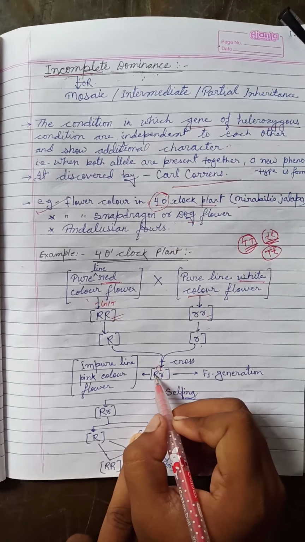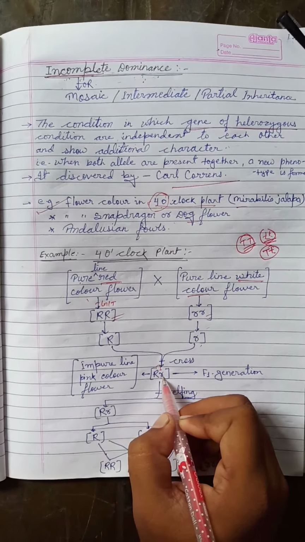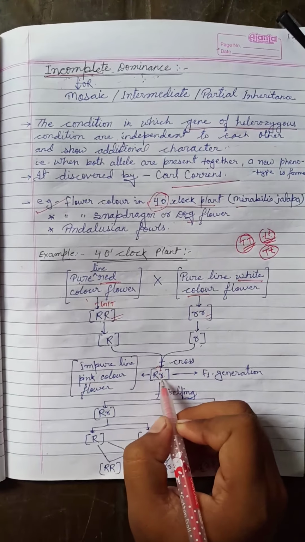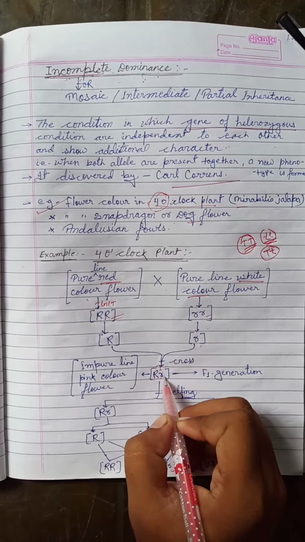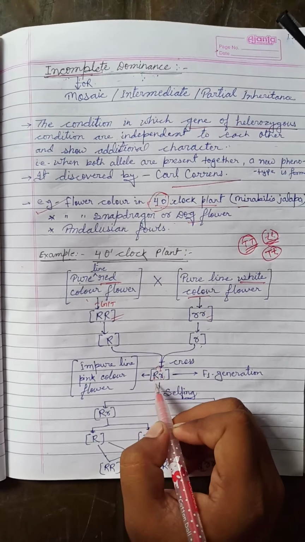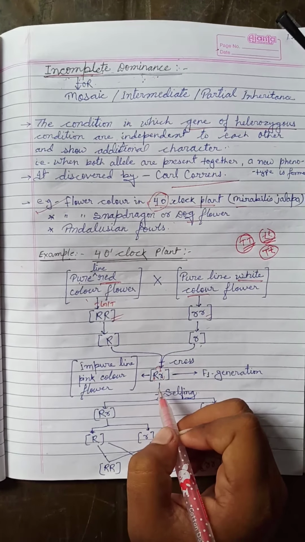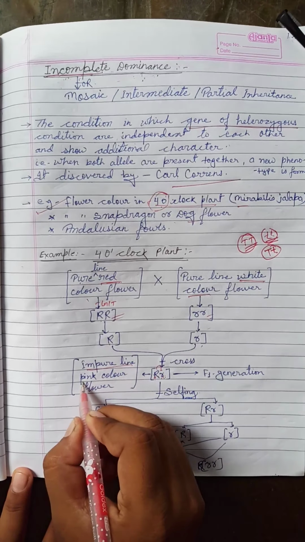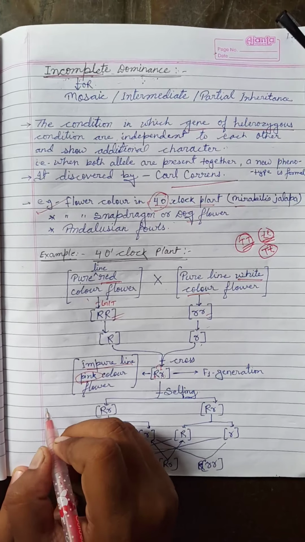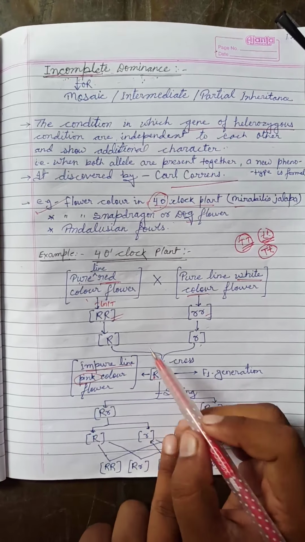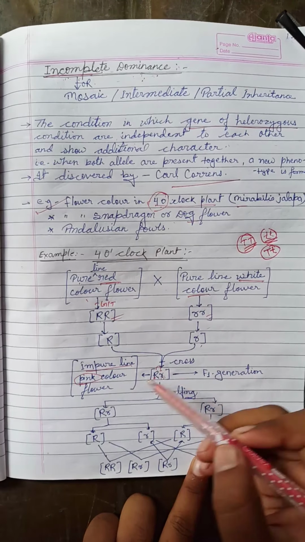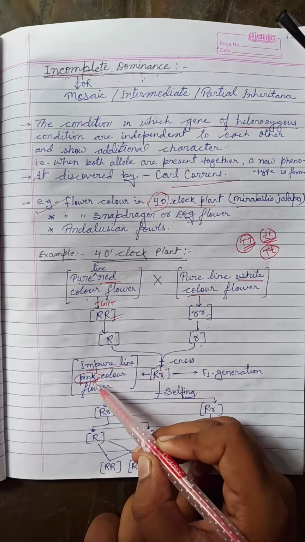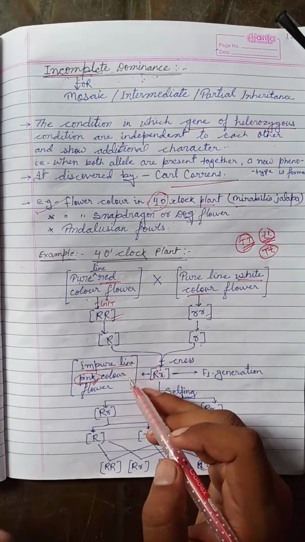But here capital R is not dominant over small r, and they show equal expression relative to each other. That's why it gives a new type of phenotype, an impure line of pink color flower. Here it produces no red color and no white color; the new phenotype is formed as pink.